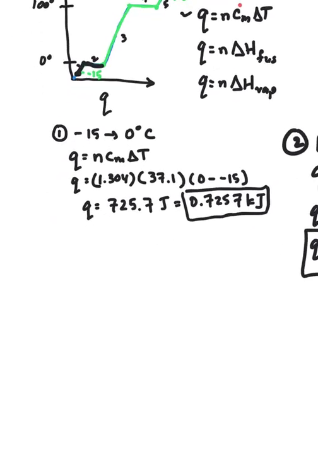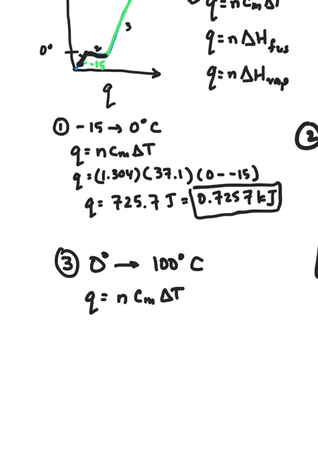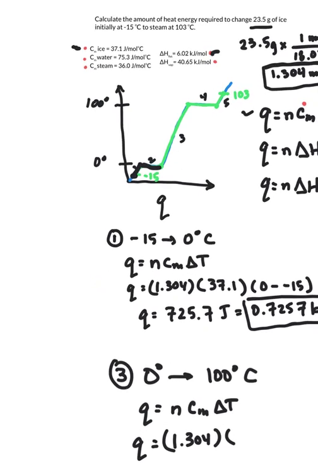Now we need to do our third task, which is bring water, that's now liquid, from its melting point at 0 degrees Celsius to its boiling point at 100 degrees Celsius. Again, we're dealing with a temperature change, so we can use our handy-dandy first equation. We know the number of moles, we know our molar heat capacity, this time though for liquid water, given as 75.3.